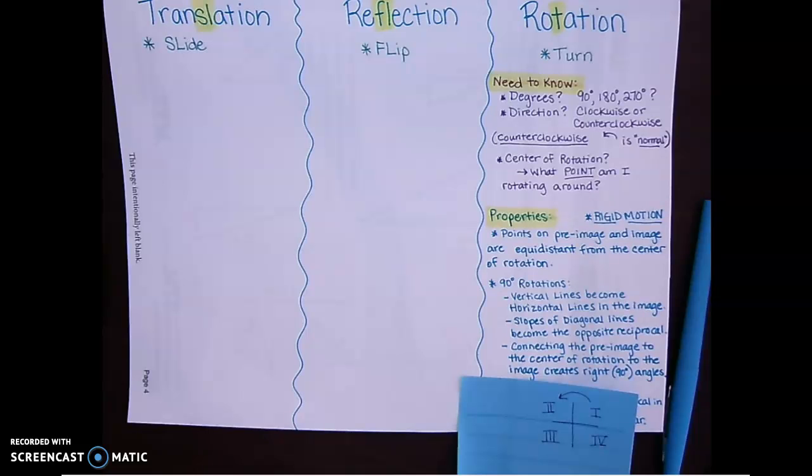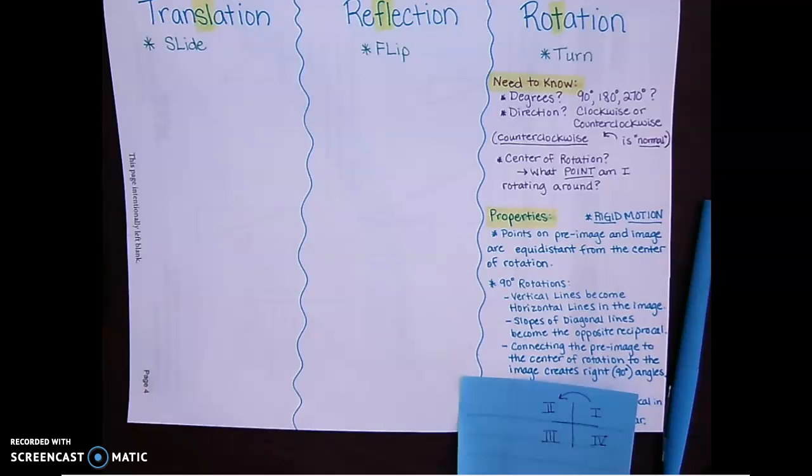Okay, also the slopes of any diagonal line within that pre-image are going to become opposite reciprocal slopes in the image. So if you are looking at the slope of the pre-image, the first shape that you start with, then you would have an opposite reciprocal slope in the image.